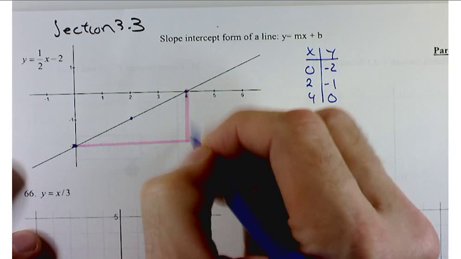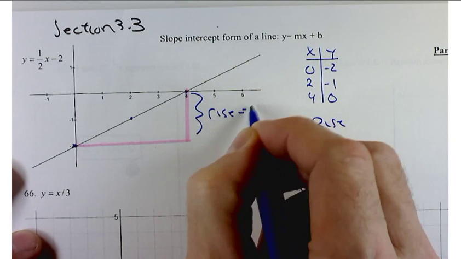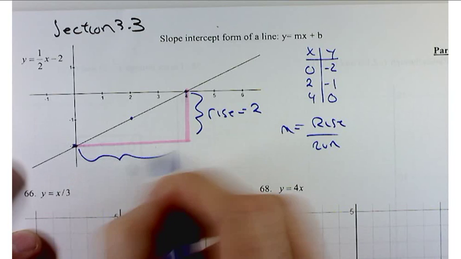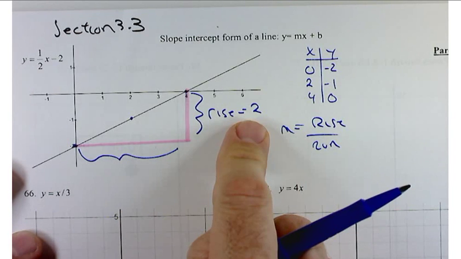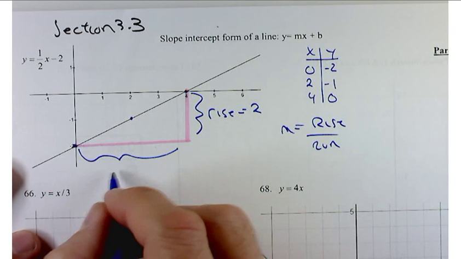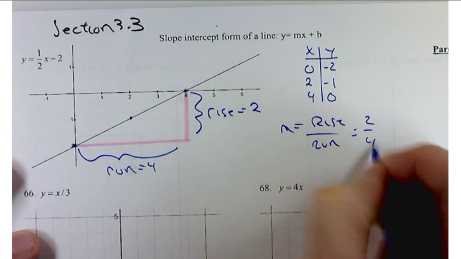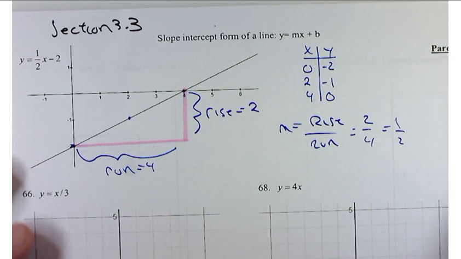How much of a vertical rise is there? A rise of 2. How about the run? How far of a run are we making? 4. So the rise over the run is 2/4, or better yet, 1/2.